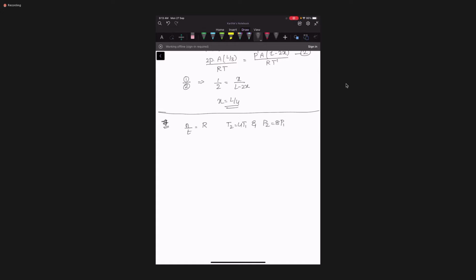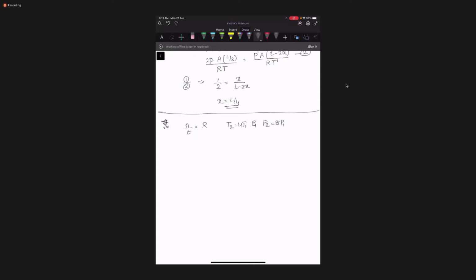Number of molecules escaping the container per second. I'm trying to get the relation between the number of moles escaping and this.